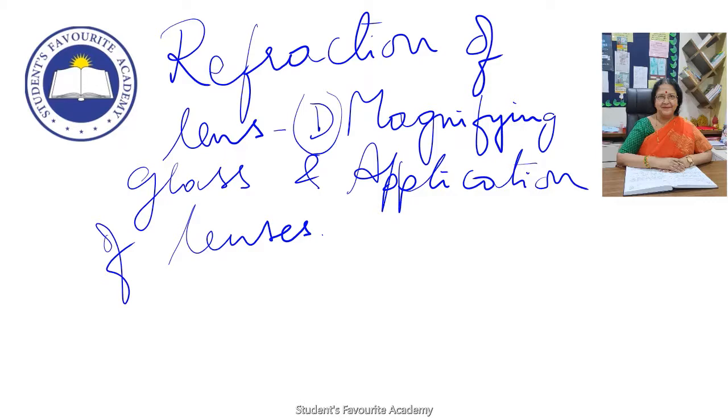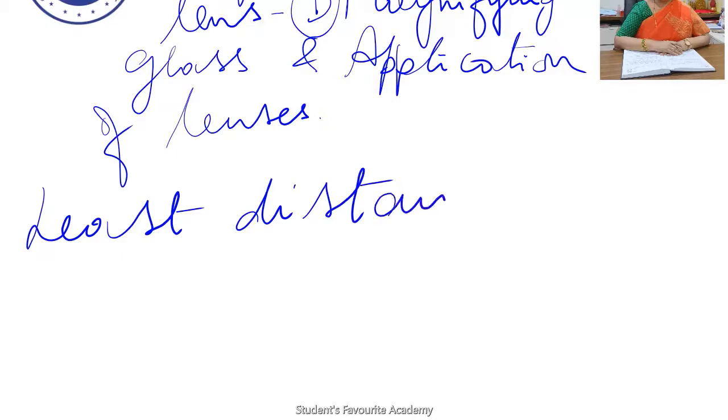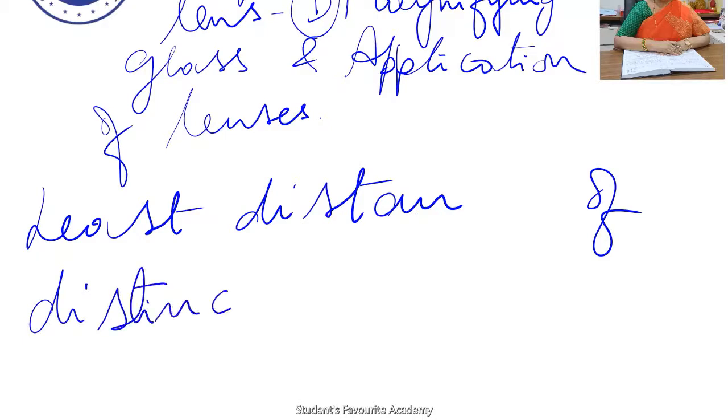Okay, so what is this least distance of distinct vision? That is the distance at which the human eye or normal eye can see an object placed in front of it clearly.